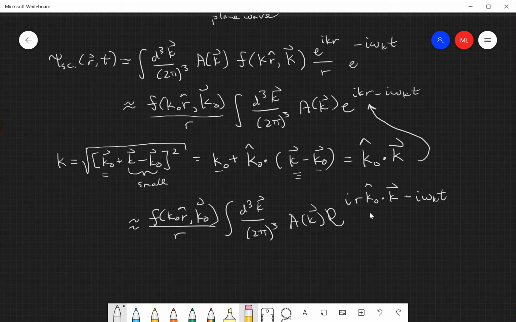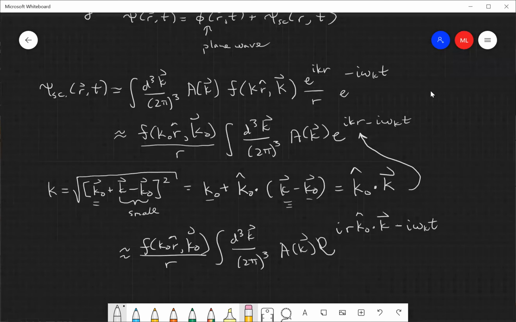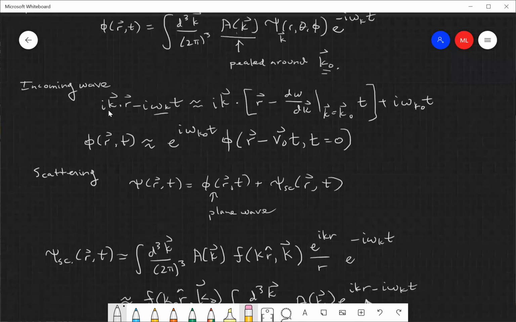But if we look at this, what is this thing? This has exactly the same form as our plane wave. Remember that our plane wave, what was that like? The thing in the exponent was e to the i k dot r minus iω_k t.